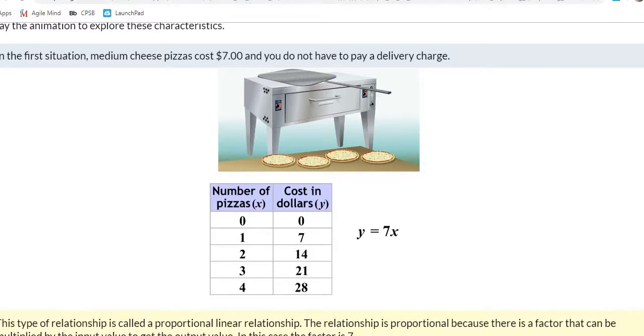So if I look at 7/1, 14/2, 21/3, 28/4, all reduced to what? 7/1. Do you agree every time right here it's increasing by 7 on the y's? The x's are increasing every time by 1.